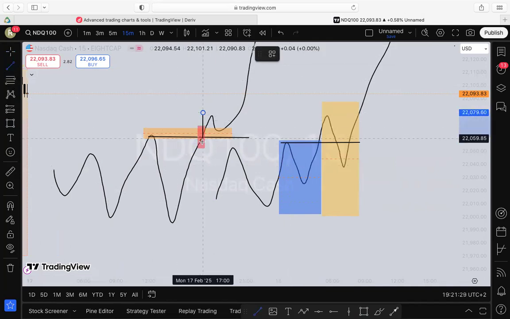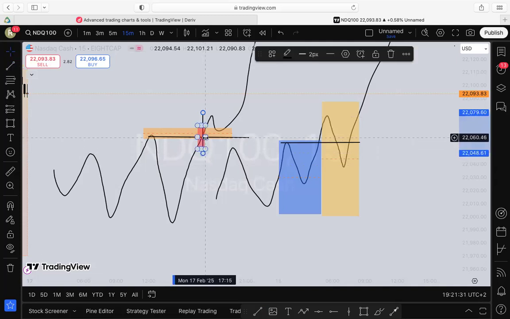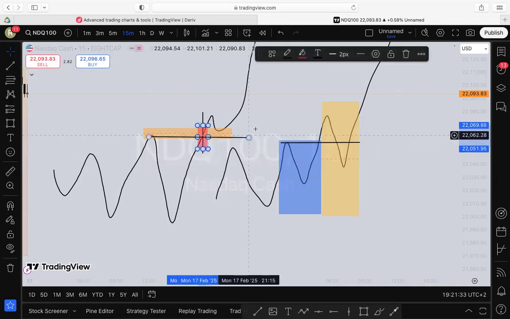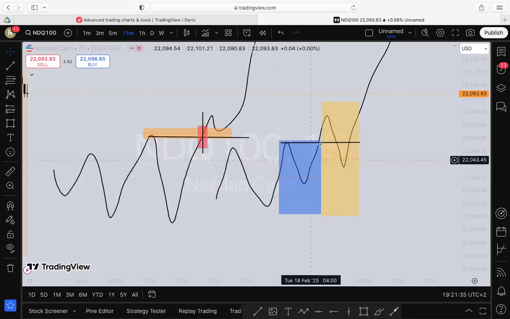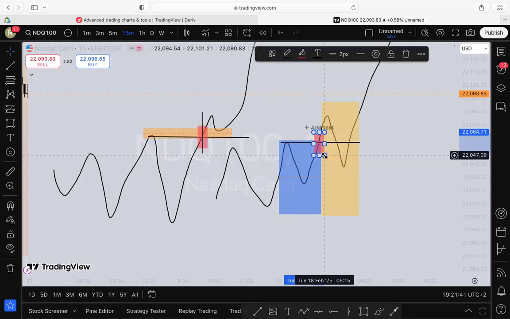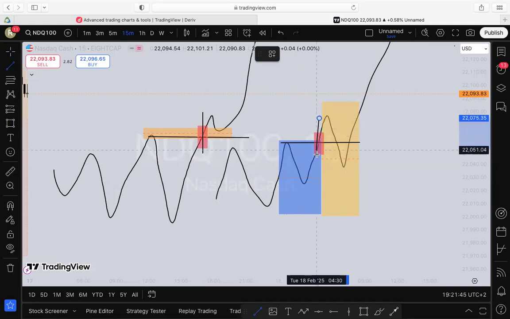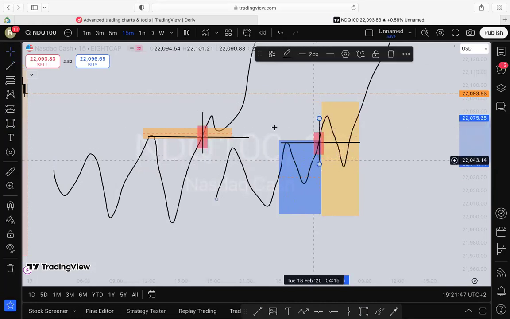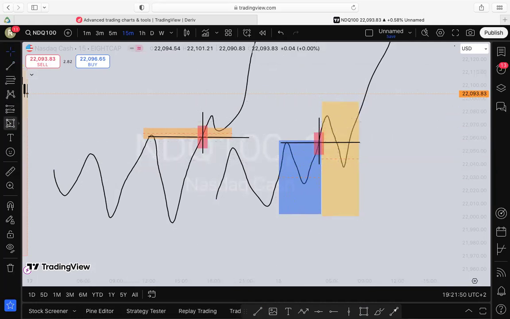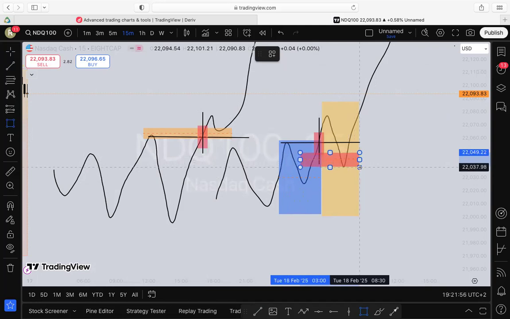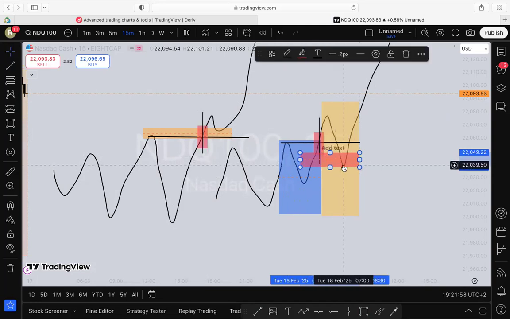After closing here with a full body candlestick, the market must reverse to enter inside our buy FVG here. Full body candlestick even here, right? After the full body candlestick, the market must reverse and enter inside the FVG. So they will make sure that they reverse and enter inside the FVG. I'm going to put the FVG here because that's where the market time is.